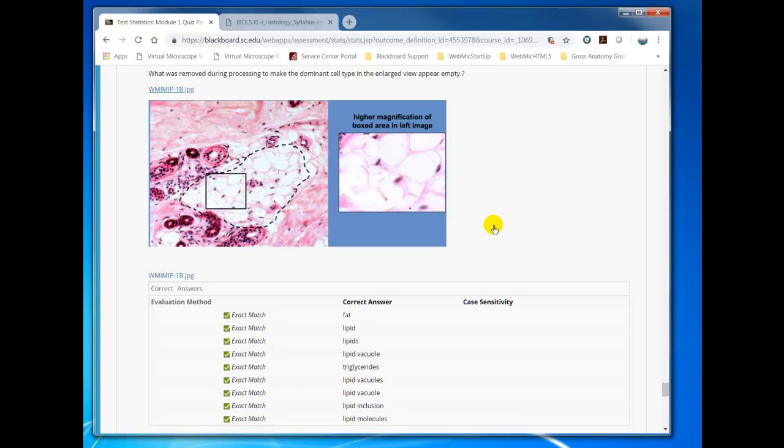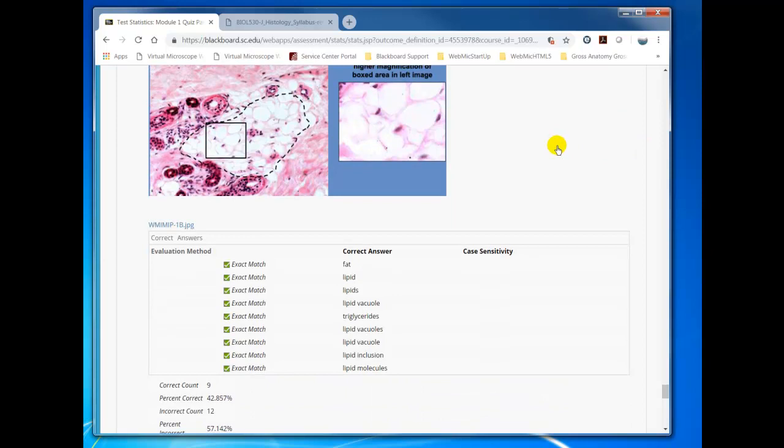And this said, what was removed during the processing to make the dominant cell type in this enlarged view appear empty? Well, this is adipose tissue, and it's the unilocular, the large lipid vacuole that occupies each cell, compared to the multilocular brown fat, in which there are many tiny vacuoles of lipid in one cell, and a lot of mitochondria, by the way.